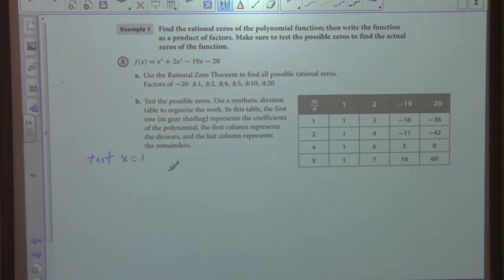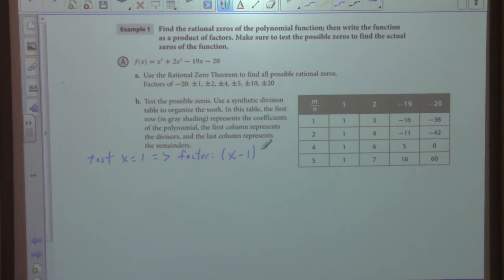So if we test x equals 1 as a 0, what kind of factor are we testing? What is our factor related to the 0 of x equals 1? It'll be x minus 1. So the 0 of 1 is related to the factor of x minus 1.